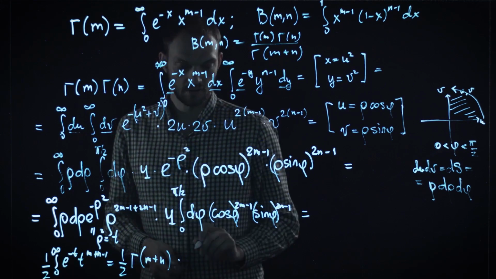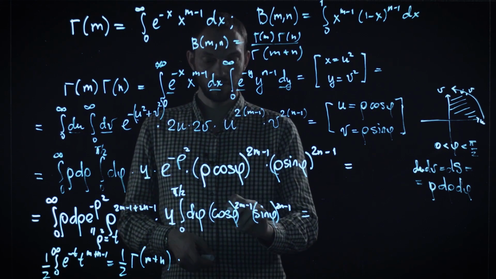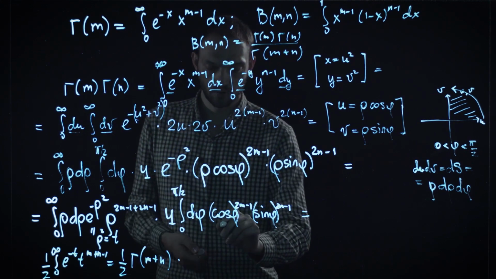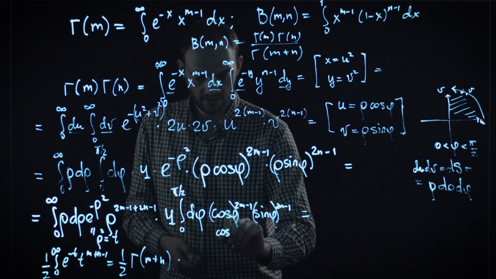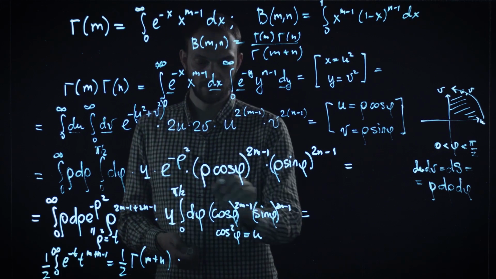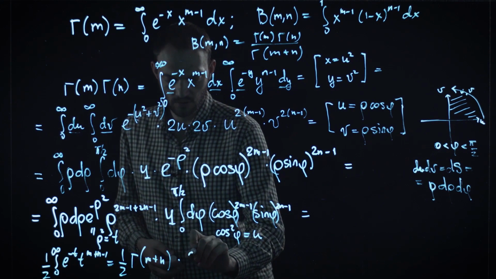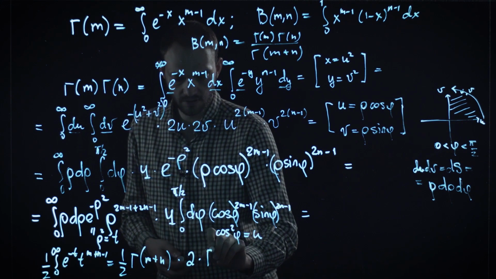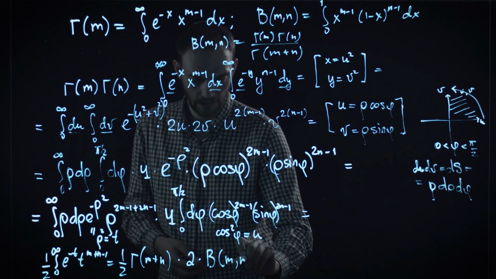After the change of variable, which is already familiar to you, that is, introducing cosine squared phi equal to u, we realize that this is nothing but 2 times beta of m and n.